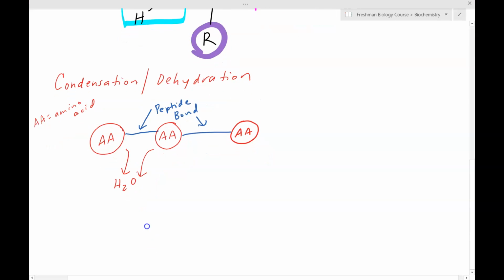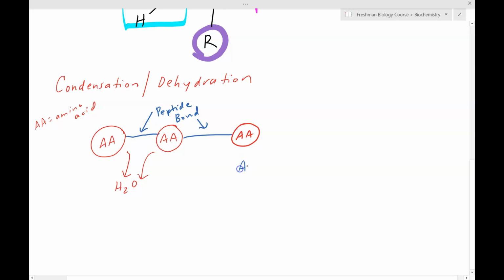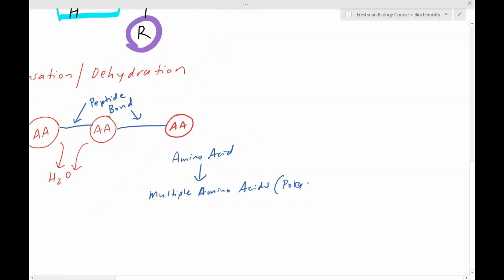Okay, so our hierarchy here goes from, we have one amino acid, then we would have multiple amino acids, which is called a polypeptide chain. And again, the chemical reaction that's happening here is condensation or dehydration.